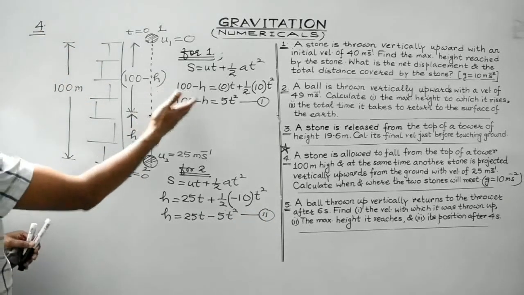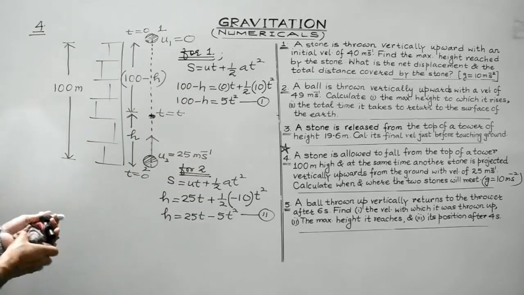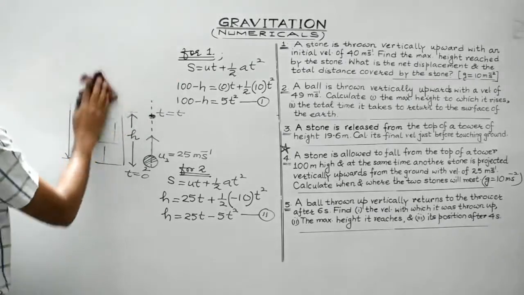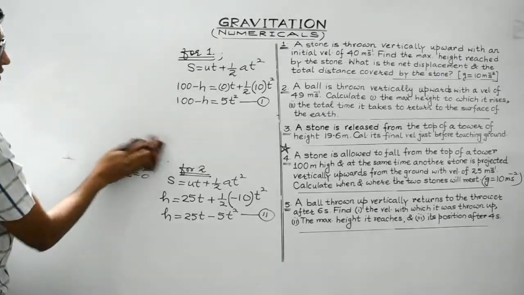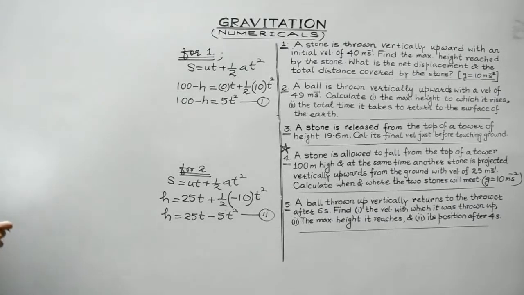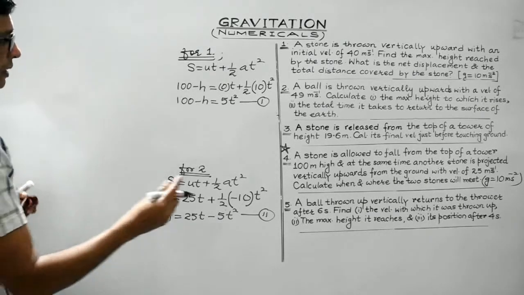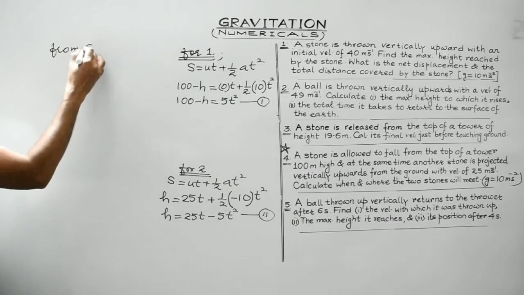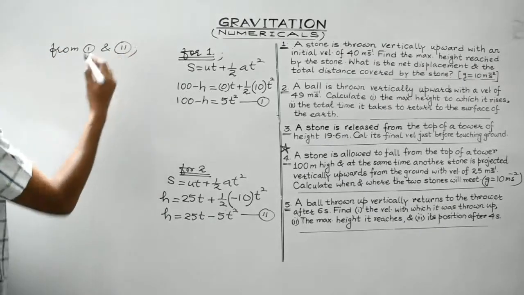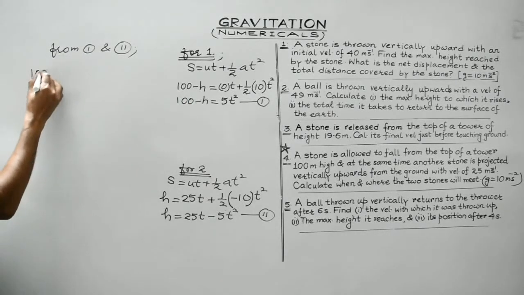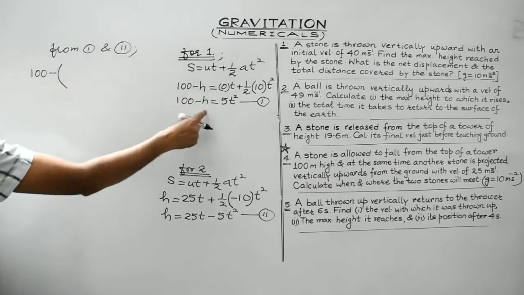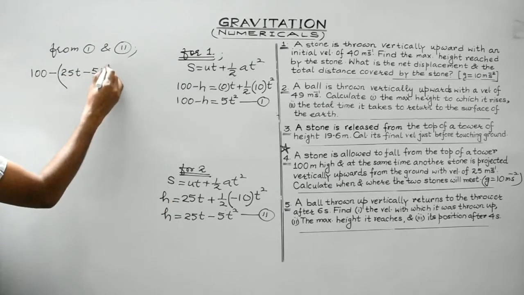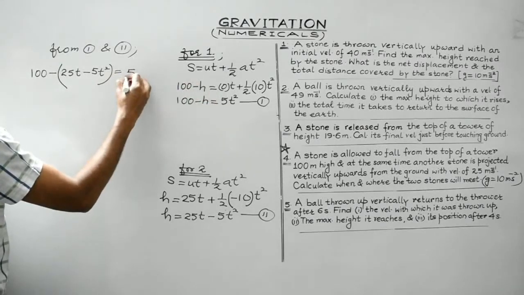So students, these are the two equations, and by using these two equations, we can easily determine the value of h as well as the value of t. So let's solve these two equations. What to do is, we can simply substitute this value of h over here, right? So from 1 and 2, what we get is, look, 100 minus, substituting the value of h as 25t minus 5t square, is equal to 5t square.